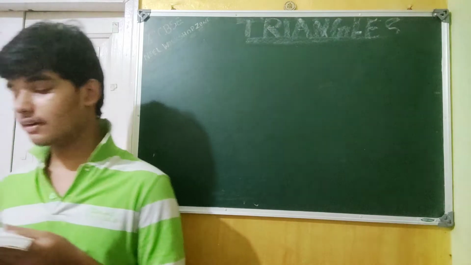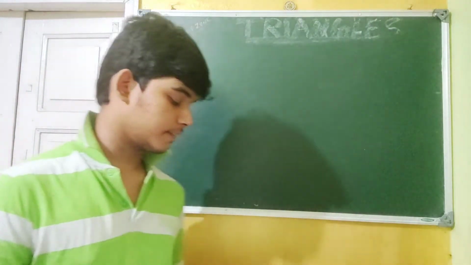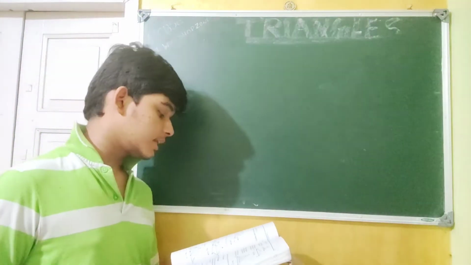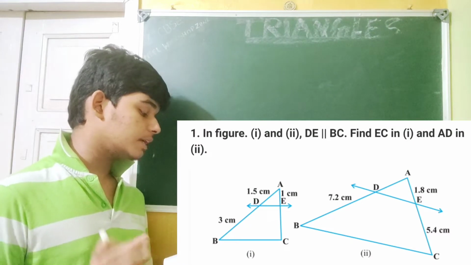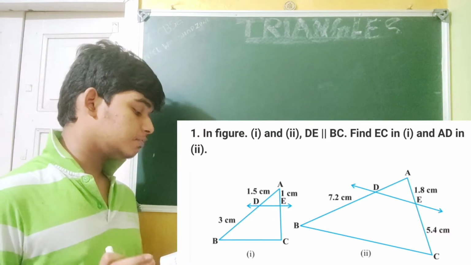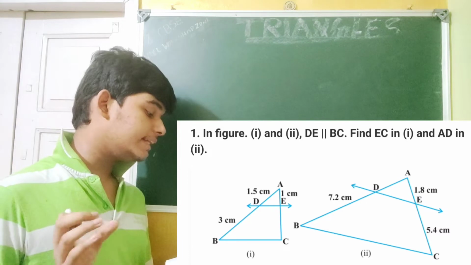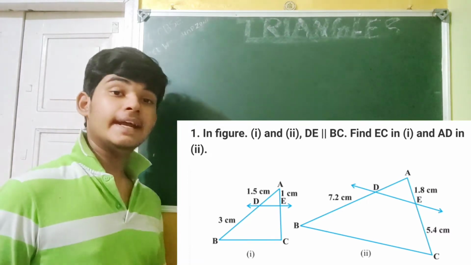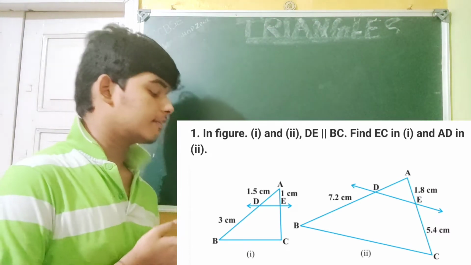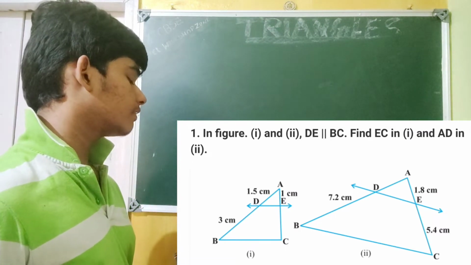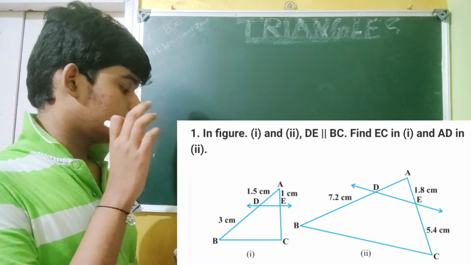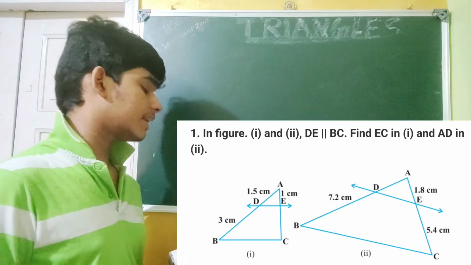So over here, I got some questions. Let's solve them. The first one states, in figure 6.17, 1 and 2, DE is parallel to BC. Find EC in 1 and AD in 2. So obviously they gave two triangles here and we need to find out the value of one side of the triangle.